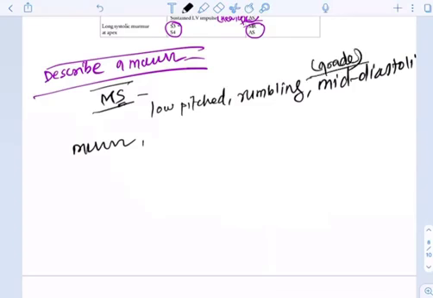Ideally here I should mention the grade, but as it is diastolic I am not mentioning the grade. In systolic the grade is mentioned. Low pitch rumbling grade dash mid-diastolic murmur. Now in which area are you hearing it best?